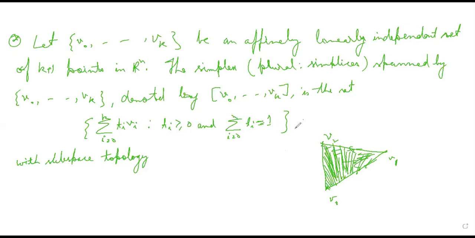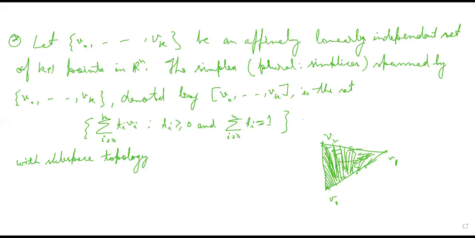The simplex spanned by V0, V1 and V2 is the collection of the points t0 V0 plus t1 V1 plus t2 V2, where ti is greater than or equal to 0 and the summation of ti is 1.